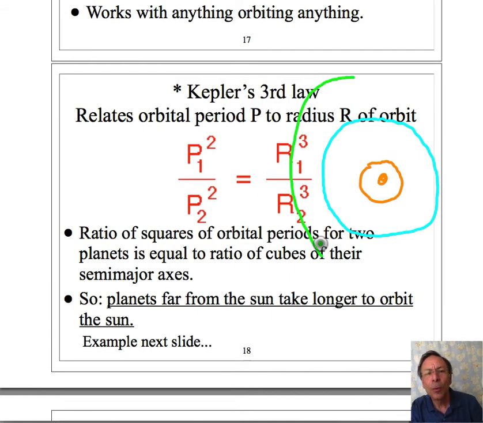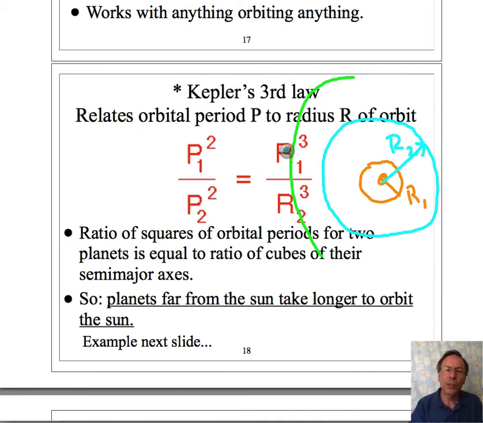Okay, so let's say we compare Mercury and the Earth. So I'm going to call this radial distance here. Yes, these things are going in ellipses, but they're close to being circles. And this r here is the average distance from the sun. So this r would be r1. And then we're comparing to the Earth, calling this r2.